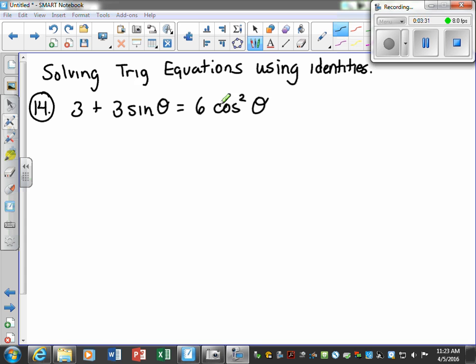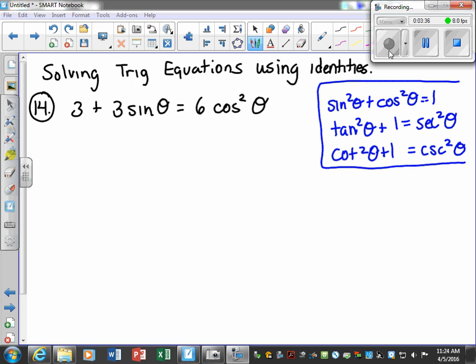So we have some trig identities. Let me pause it for a second. Okay, so we pause it. Here's your Pythagorean identities. We need one with sines and cosines. Well, it's clearly the first one. And cosine squared is more difficult to deal with, so we want to replace this one. So I want to replace cosine squared.